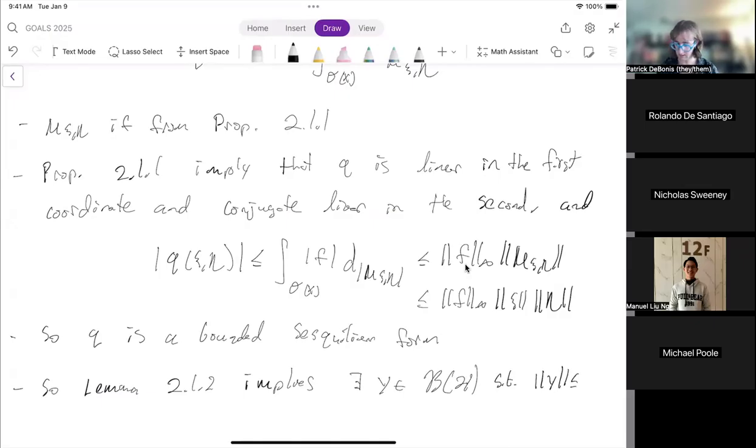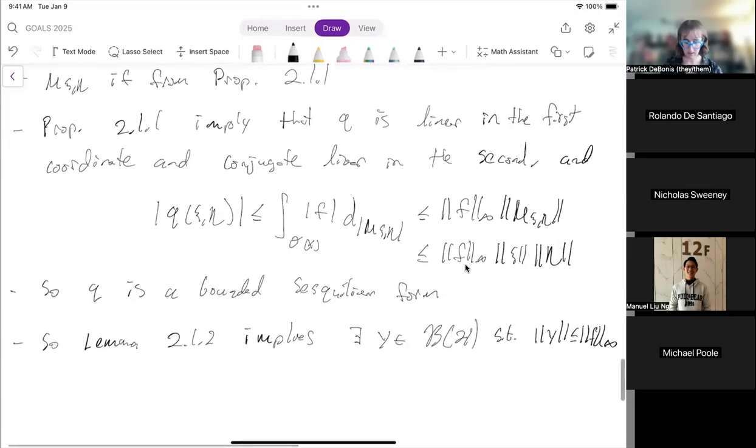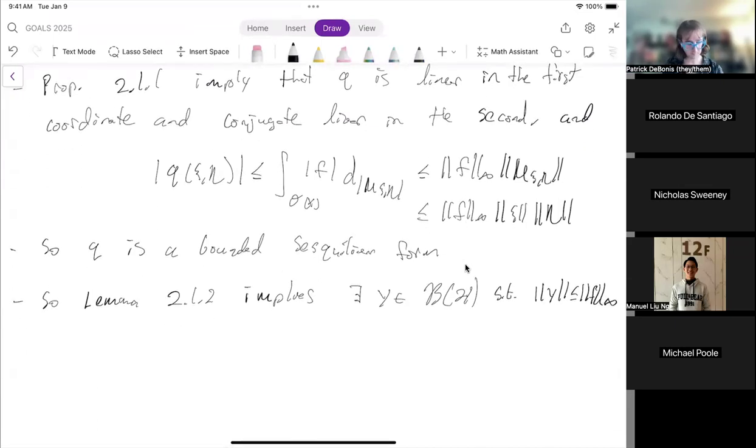That's our constant right now. And it satisfies the inner product property: this bounded sesquilinear form is being realized by the inner product against this unique operator Y.